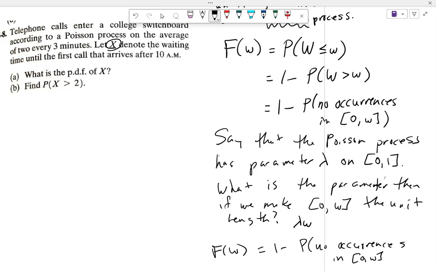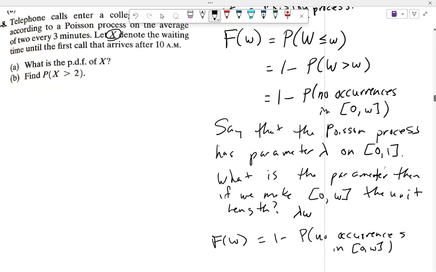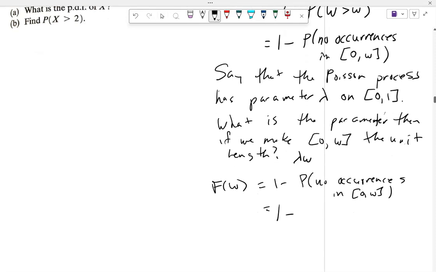I'm just rewriting the same thing that I had above so I can continue down. How can I write that now? Okay, good. Lambda w all to the 0 over 0 factorial.